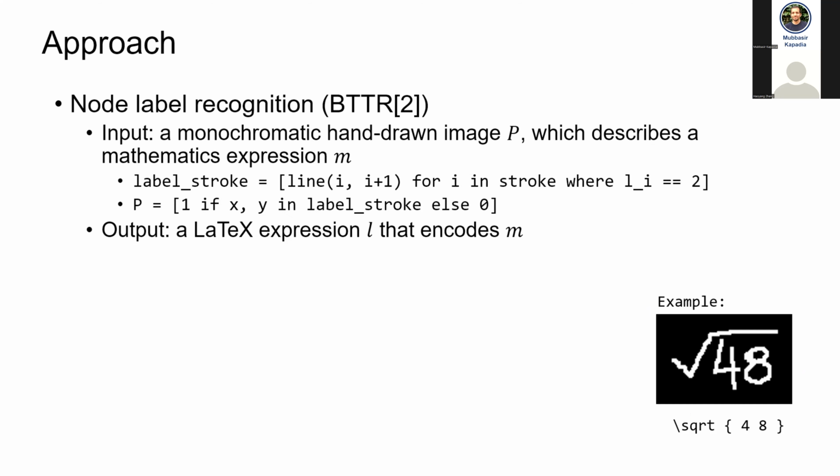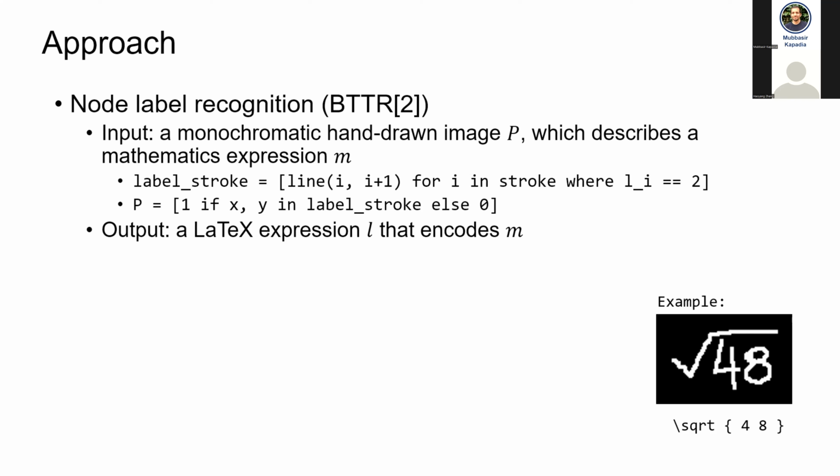And the second part, the node label recognition. The input will be a monochromatic handwritten image that describes a mathematical expression that can be obtained from the label stroke, and we connect the strokes and make it a bitset of that label stroke.